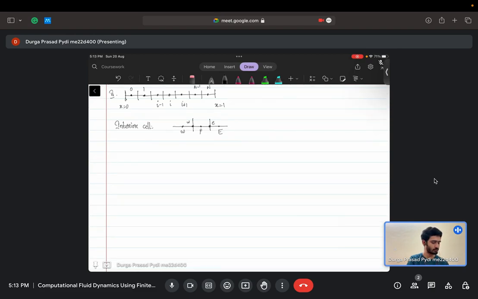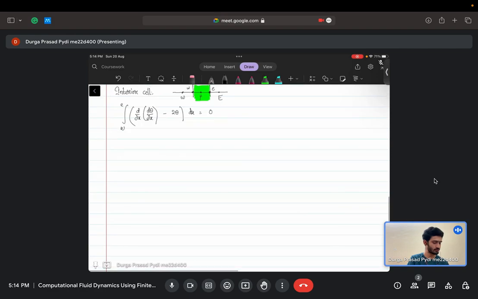If you take our original equation, d dx of d theta dx minus 2 times theta equals 0, we integrate over this particular cell. The integration is from the west face to the east face times dx equals 0.